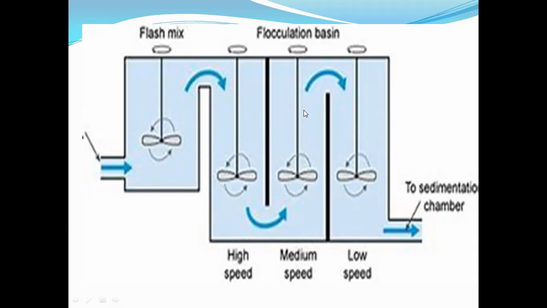That is, the floc of the impurities or particles is formed in this water, and this water with floc comes to the sedimentation chamber. In the sedimentation chamber this floc is settled down at the bottom and the clear water comes at the top surface. Hope you all get this process of flocculation.